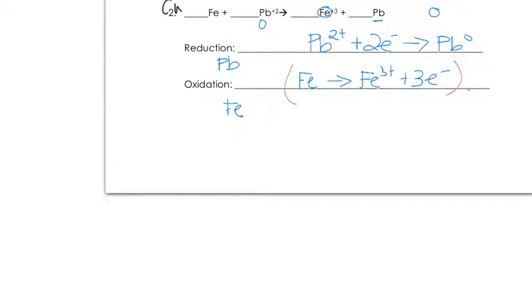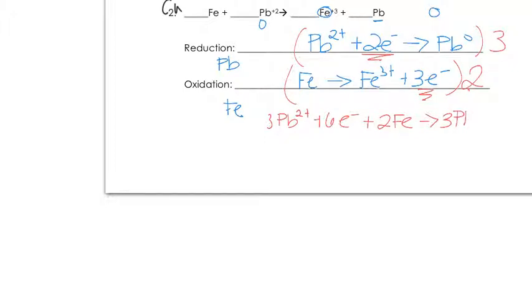Oxidation is Fe, meaning that your electrons need to be on the opposite side: Fe 3 plus, plus 3 e minus. In this case, we are going to multiply through by 2 and by 3 because our electrons are clearly not equal, and we are going to get a total of 6 electrons. So I will get 3 Pb 2 plus, 6 e minus, plus 2 Fe yields 3 Pb0 plus 2 Fe 3 plus, plus 6 e minus.